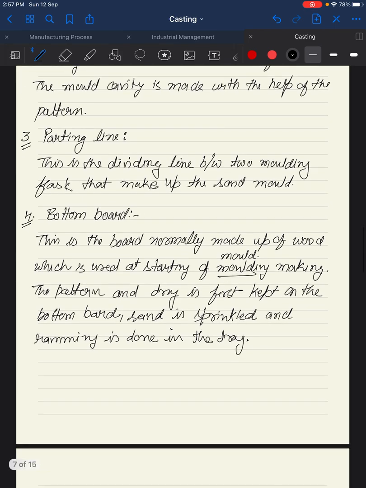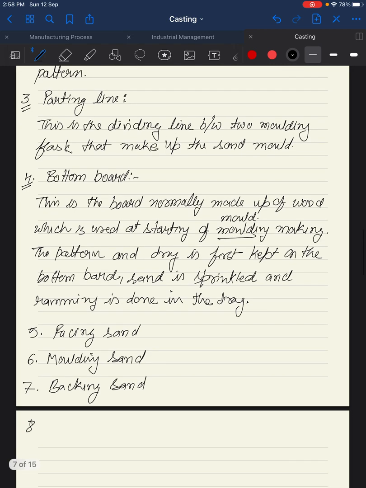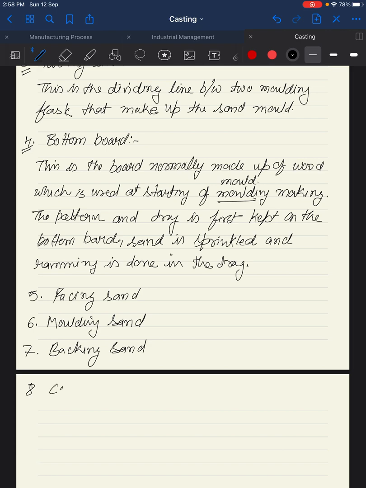Okay, fifth one is facing sand. Sixth one is molding sand. Seventh, backing sand. Eighth, core. Ninth, core prints.